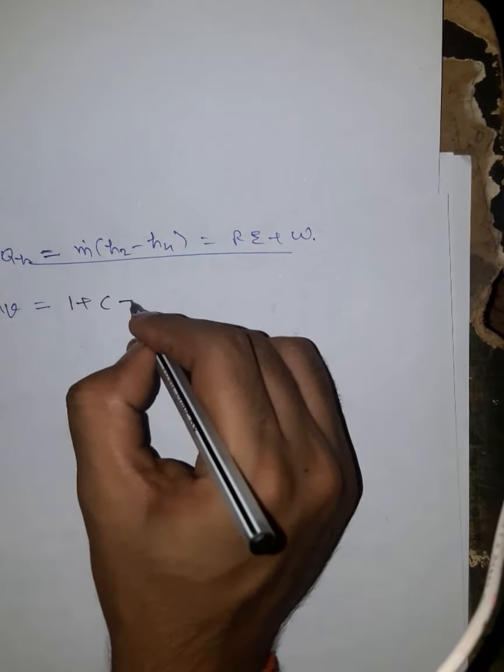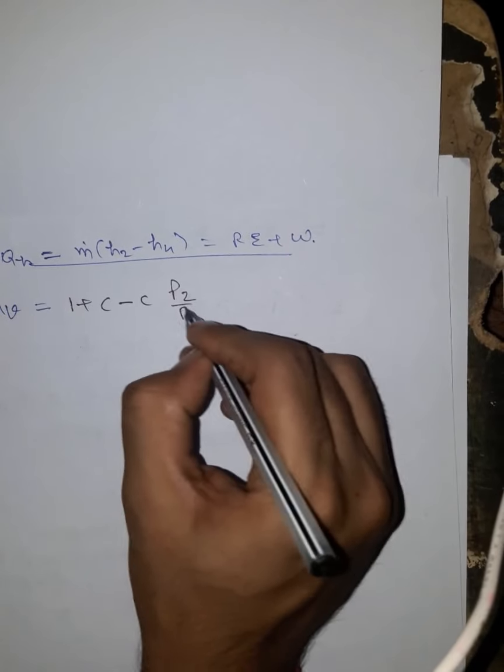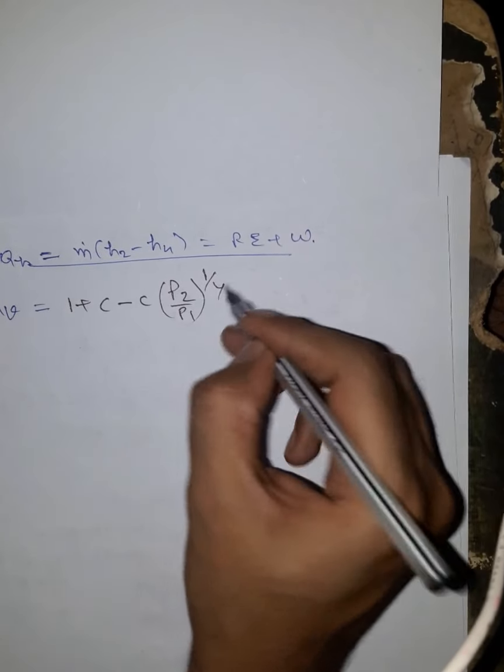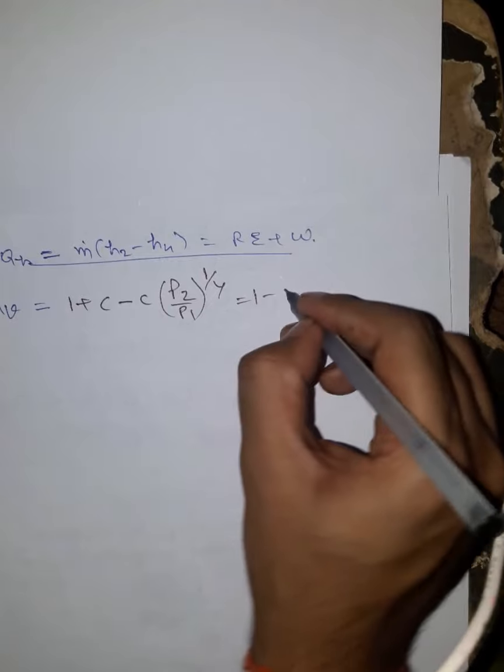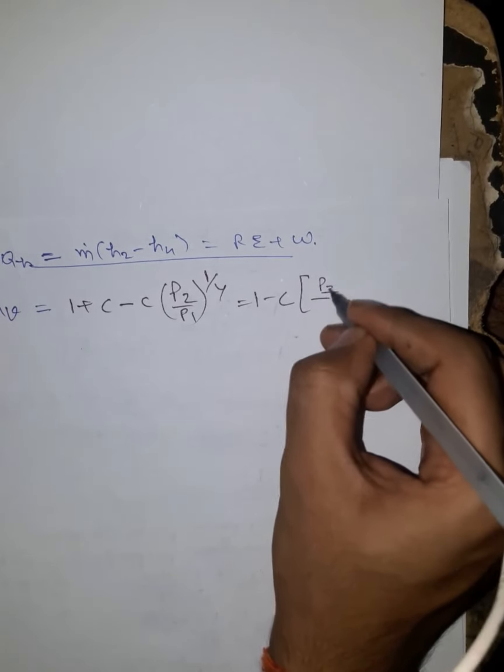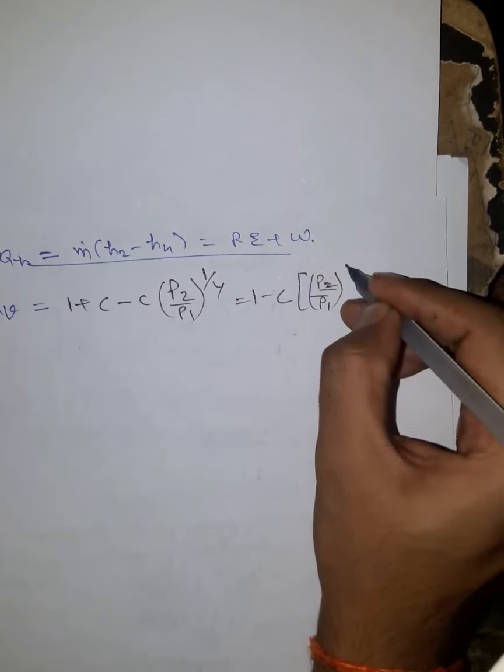And we also have the formula for volumetric efficiency, eta v. You can write these formulas down, they would be helpful in solving the numericals. It is 1 plus c minus c into (p2 over p1) to the power 1 by gamma, which can be written as 1 minus c(...). p2 over p1 is the pressure ratio in the compressor.